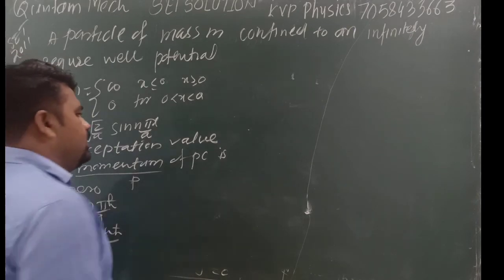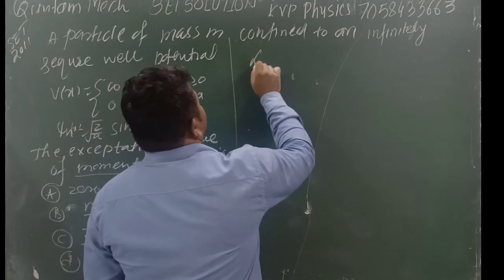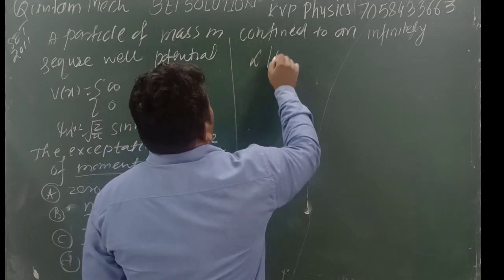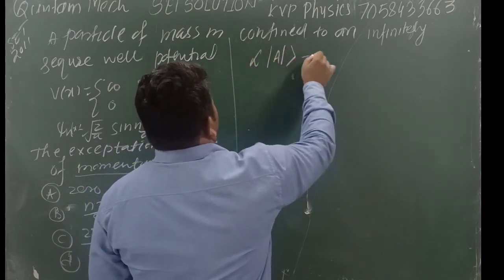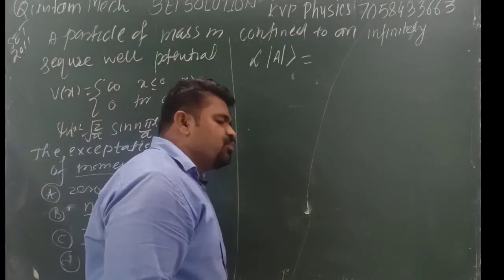Okay. Now, in the last case, how to find out the expectation? We know that any expectation of an operator A. Last case, we can study it in which cases? Suppose L plus, L minus.